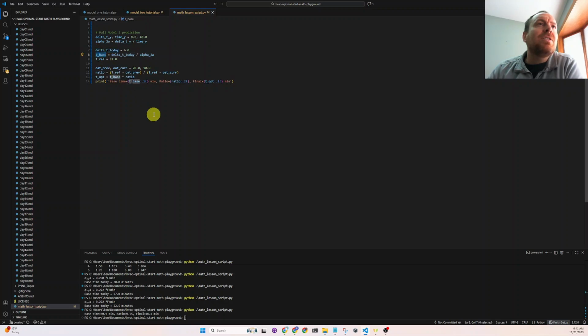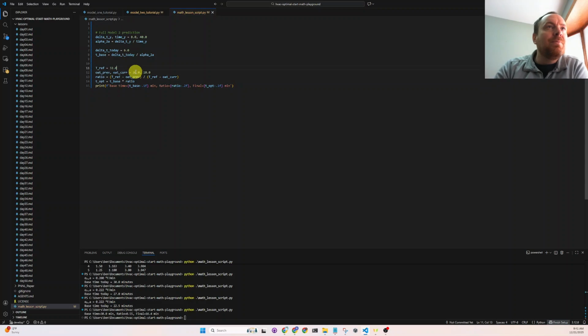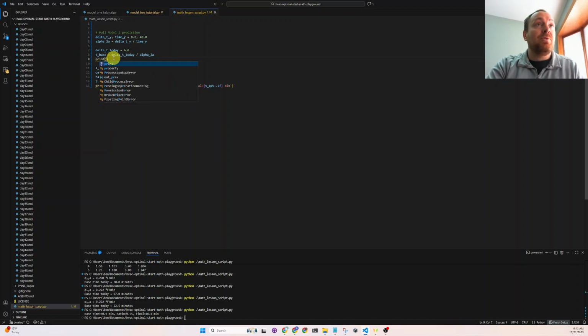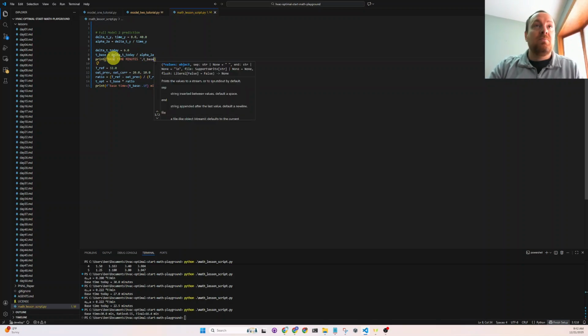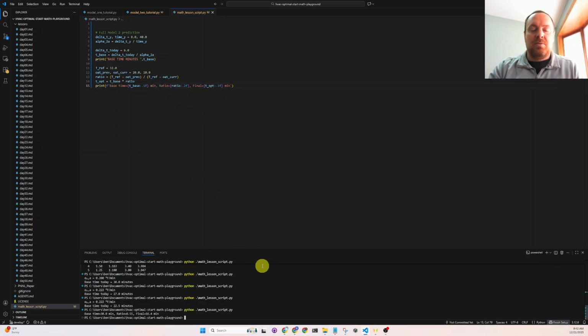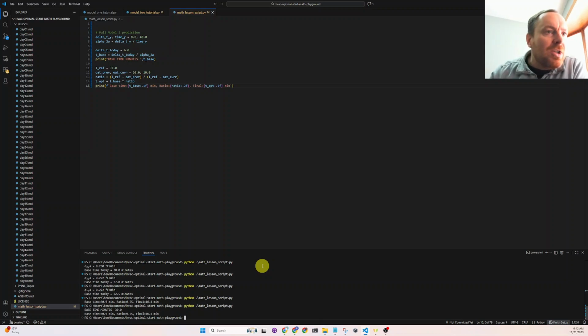So now we have this, this is our base time. And I'll just put a print statement in here. Print base time minutes, t base. Okay, so our base minutes for our model is 30 minutes based on this data.